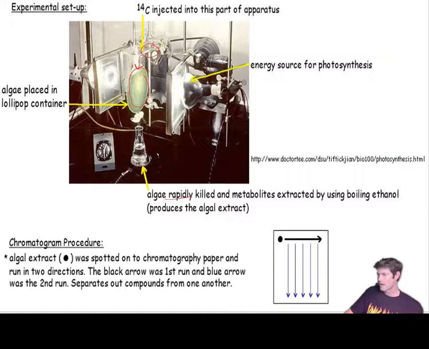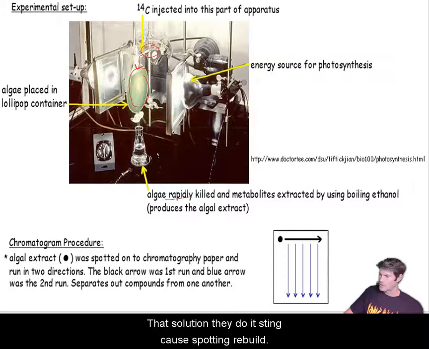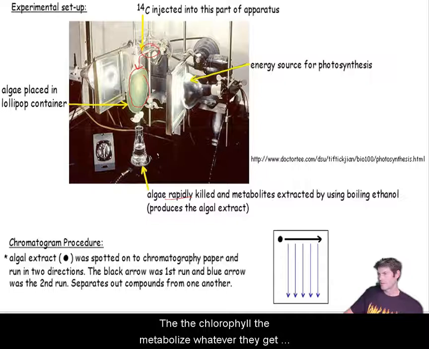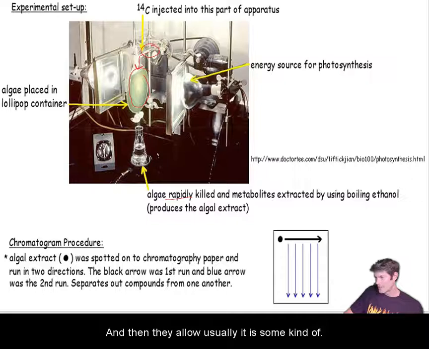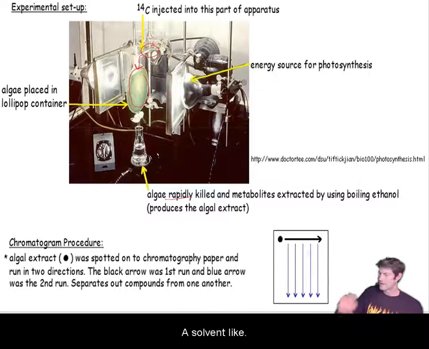I'm not sure what was going on there, but they take that green algal solution. They do a thing called spotting where they build up the chlorophyll, the metabolites, whatever they get coming out of the lollipop, and then they allow it to run in a solvent, usually some kind of solvent, almost like gasoline.